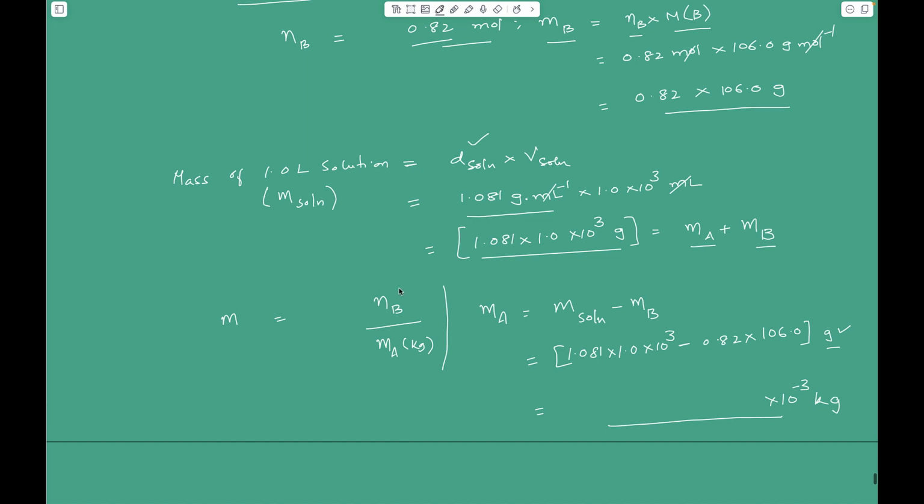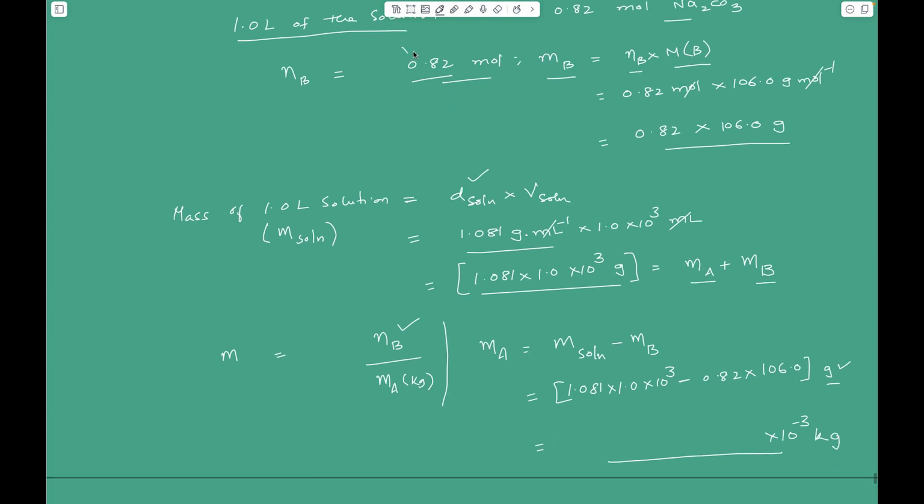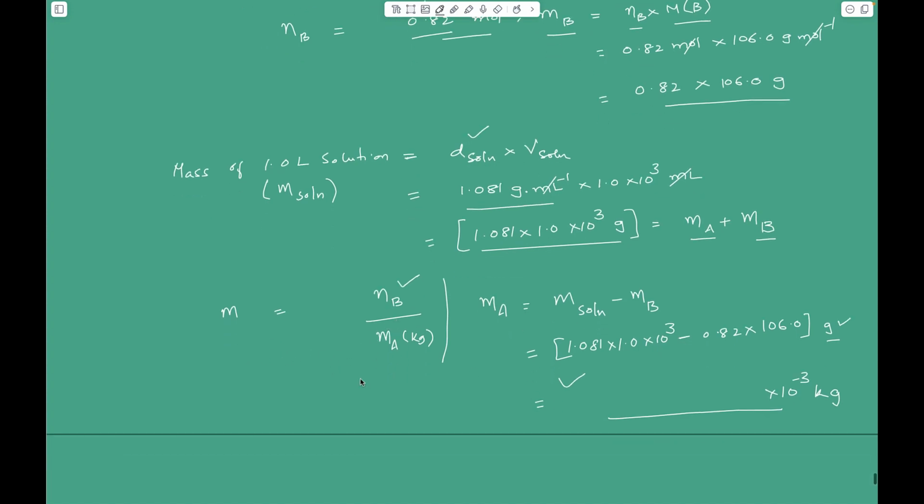So you know Nb and Ma present in 1 liter of the solution. Substitute these values in this expression and simplify to get the molality of the solution in mole per kilogram.